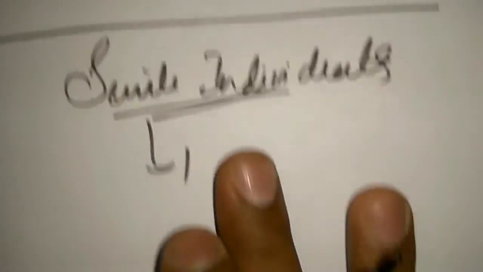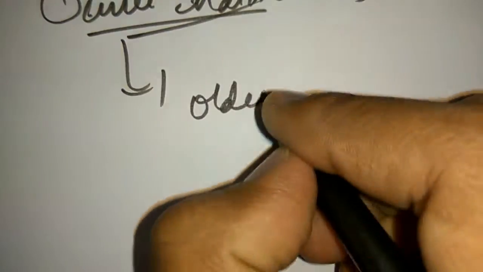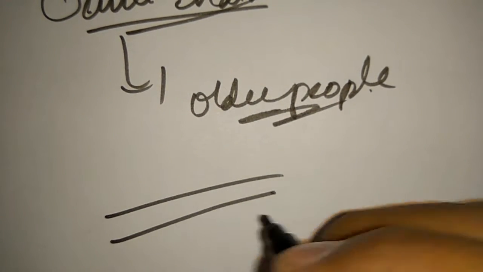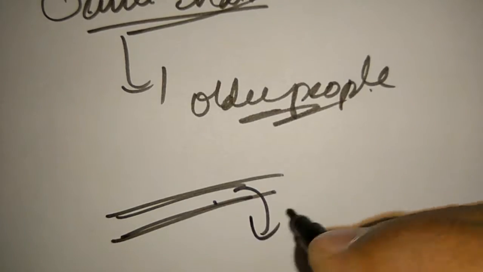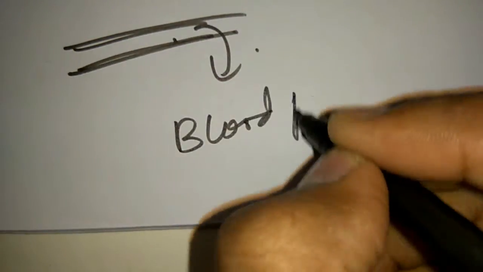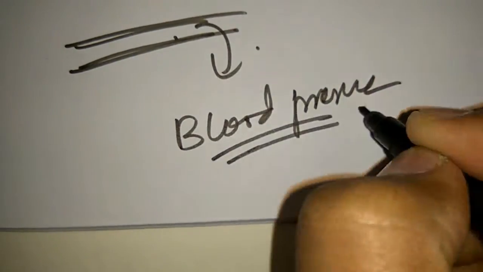Senile individuals are older people. These older people will have their blood vessels narrowed, and these narrowed blood vessels will cause raised blood pressure in them. And not only this, raised blood pressure has many other causes.